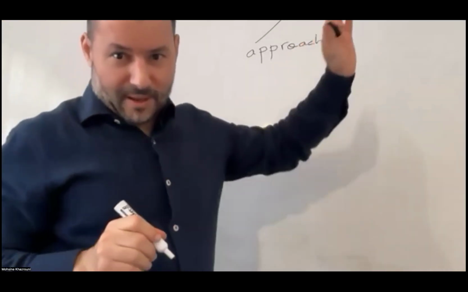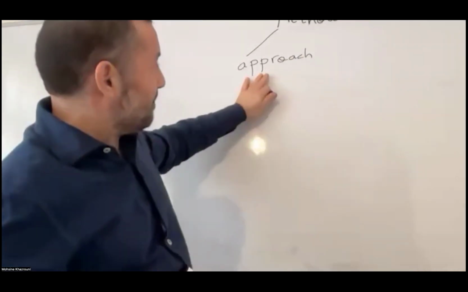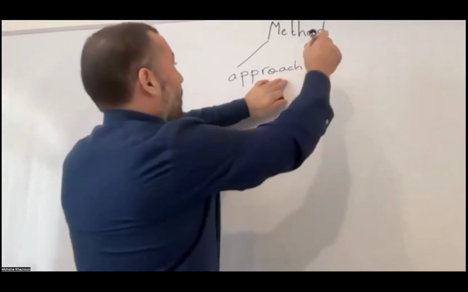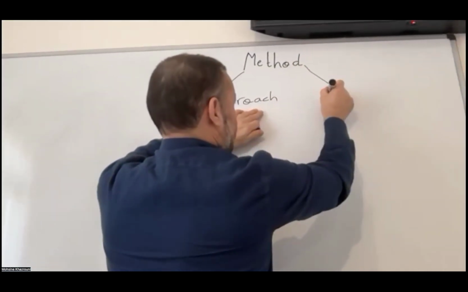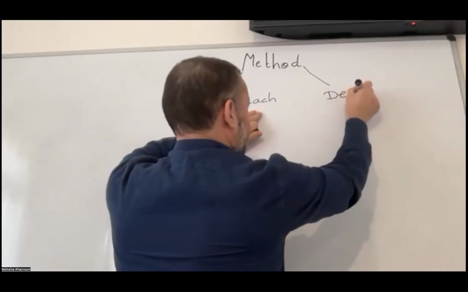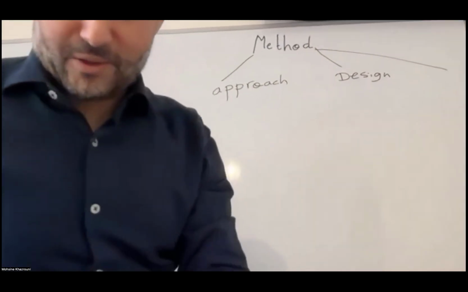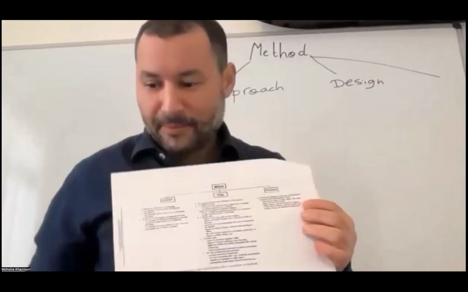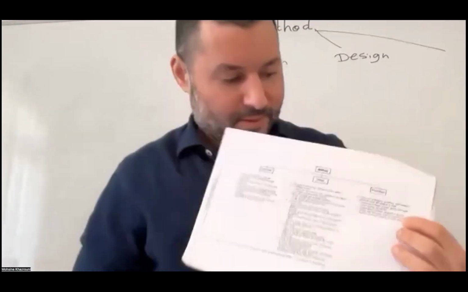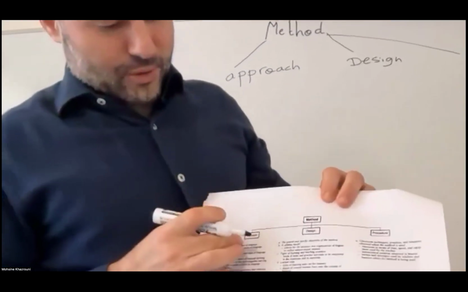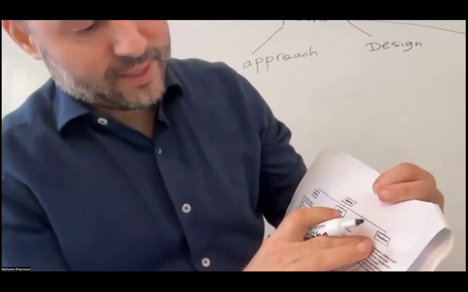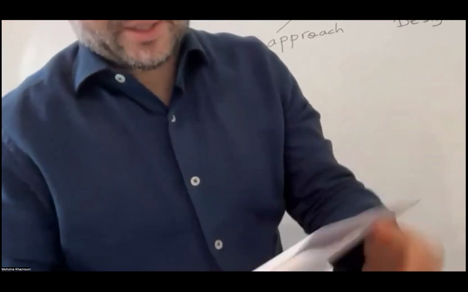When we talk about a method, we talk about an approach. Also, we talk about design, and you will find this in the handouts. So we have an approach, a design, and the last one is procedure.